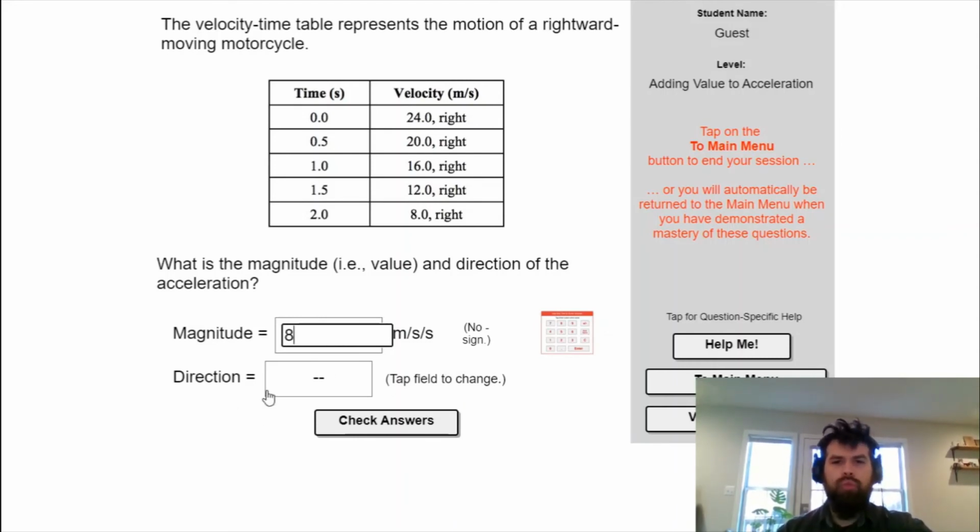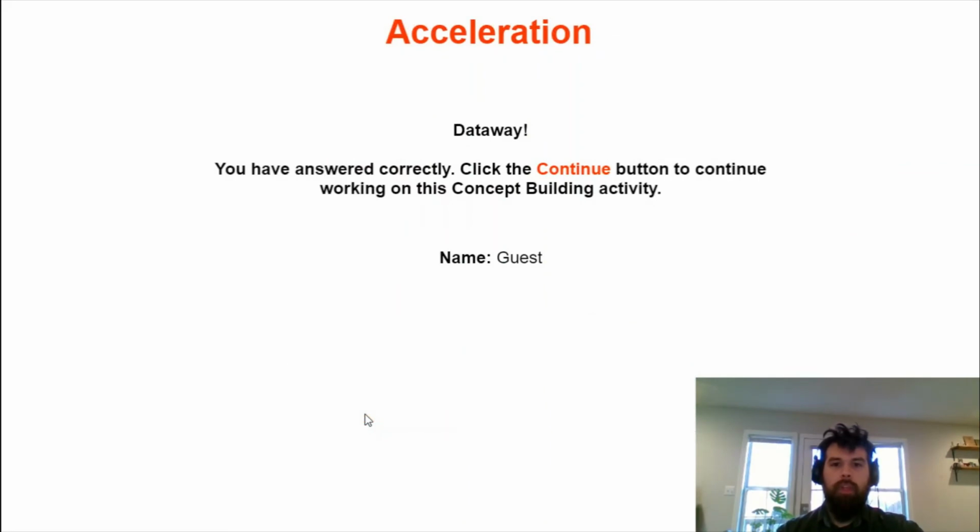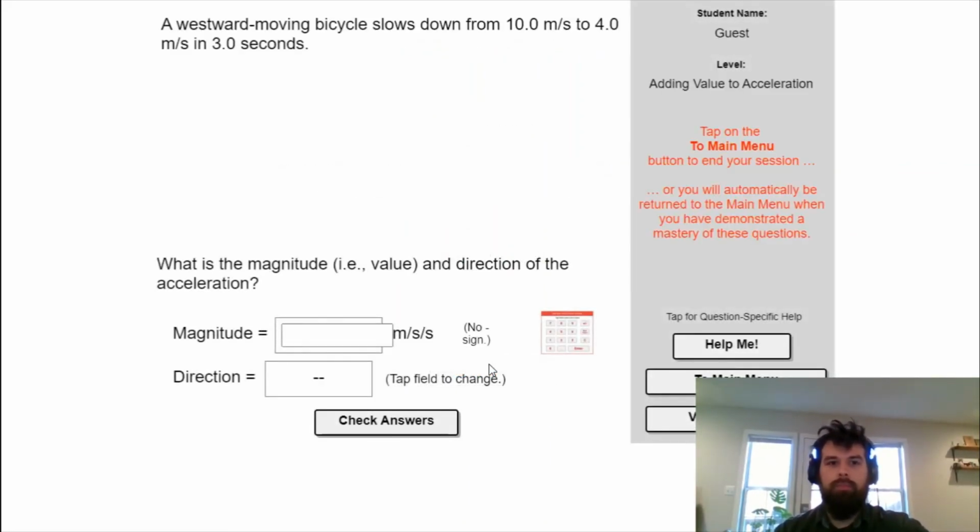And in terms of direction, we have a rightward moving motorcycle, and we're slowing down because our velocity is getting lower. So that means our acceleration has to be opposed to our velocity, it has to be to the left. Boom, we got it.